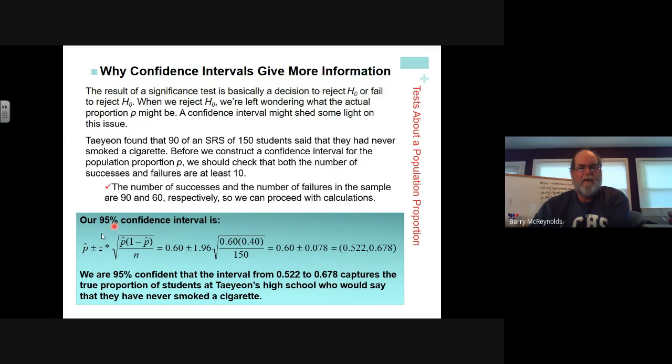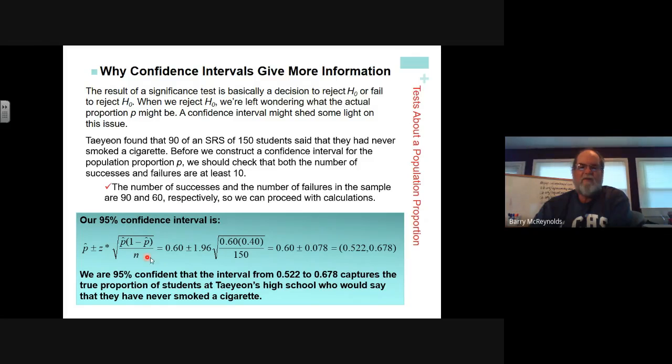So the formula is our point estimator plus or minus a critical value, which with a population proportion comes from table A. And you probably remember that for the 95% confidence interval, that critical value is 1.96.